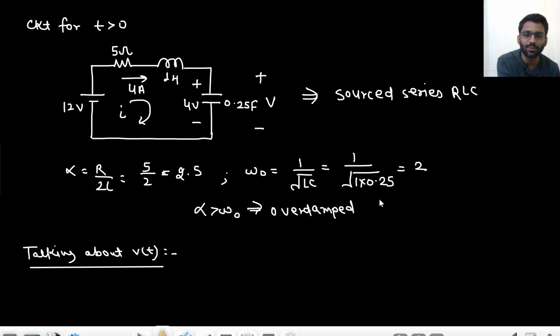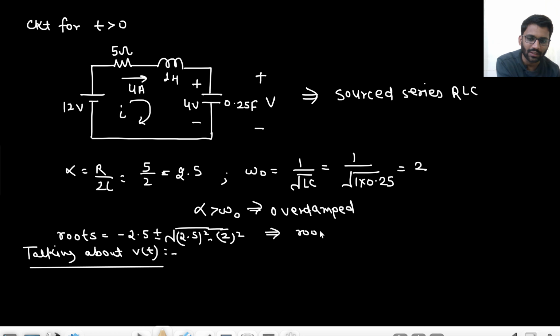What will be the roots? Roots will be minus 2.5 plus minus square root of alpha square minus omega naught square, 2.5 square minus 2 square. By solving this, you will get the roots.